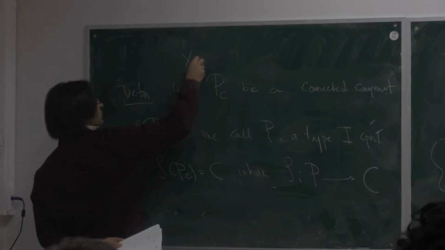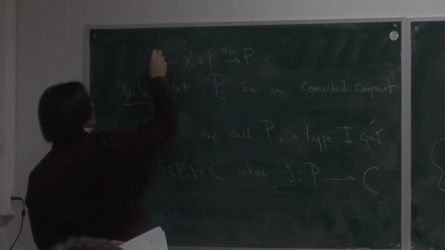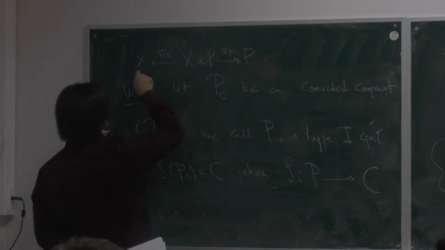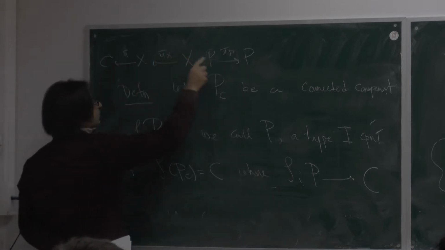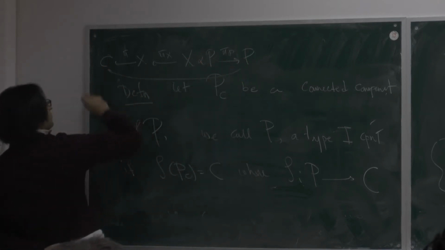So remember that we have something like this. This is pi of P, pi of X, and this also gets mapped to C, and we can go in here and then compose over there. So this is eligible.